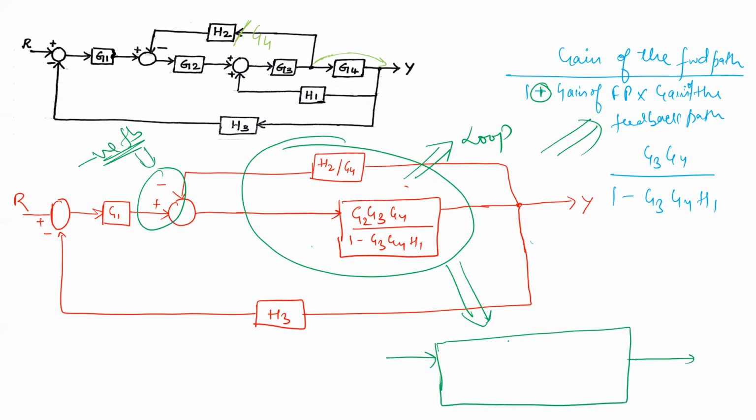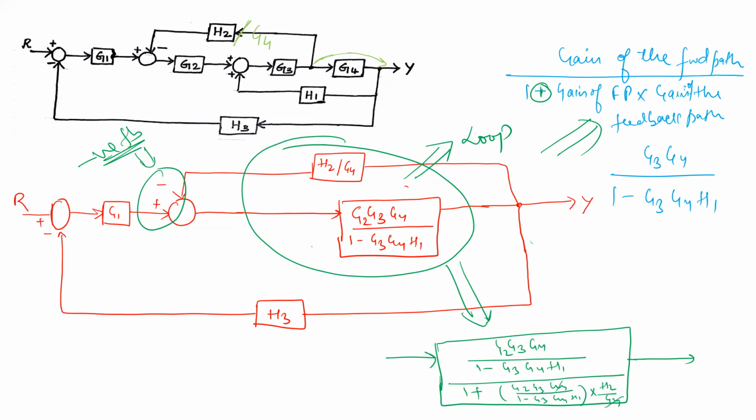And we have G2, G3, G4 divided by 1 minus G3, G4, H1, divided by 1 plus G2, G3, G4 divided by 1 minus G3, G4, H1 into H2 by G4.